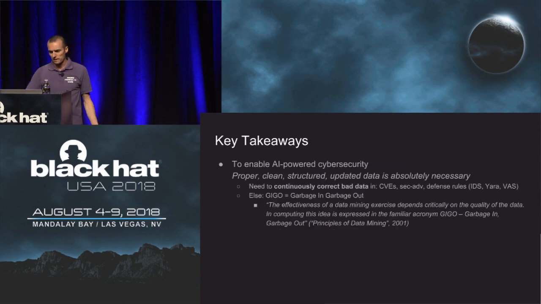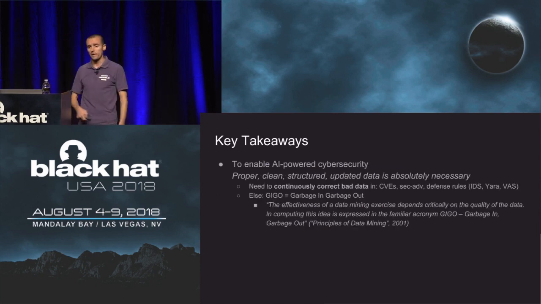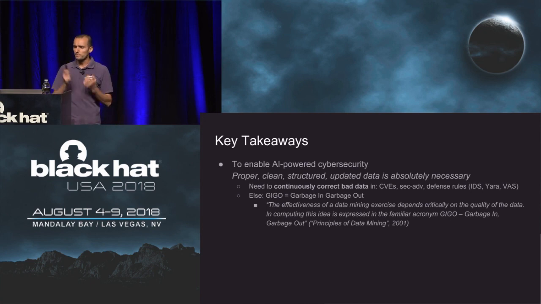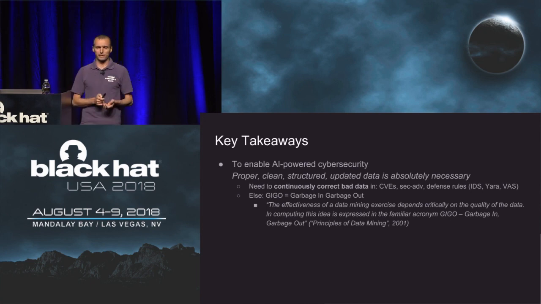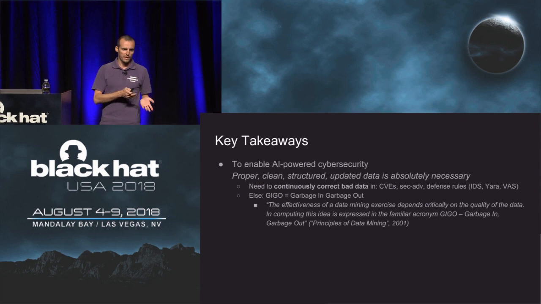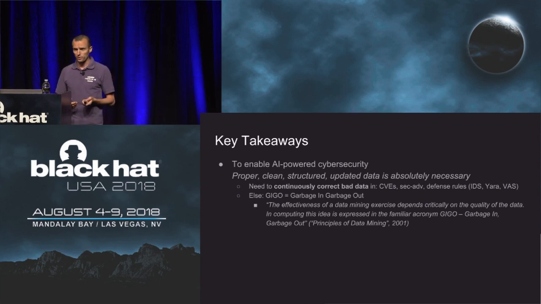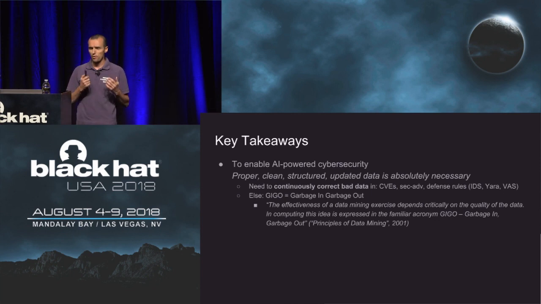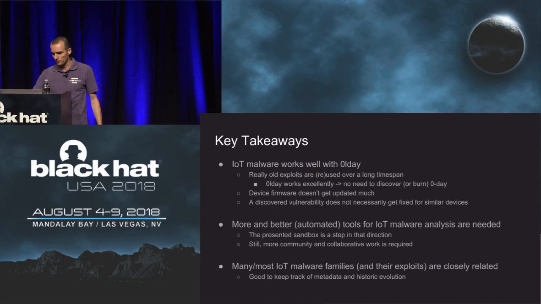This leads to the key takeaway that in order to enable AI-powered cybersecurity, which everybody wants, we absolutely need proper, clean, structured, updated data. Otherwise, we get the commonly known GIGO effect, garbage in, garbage out. You cannot have proper AI cybersecurity for IoT malware or whatever when your data is so confusing, incorrect, or missing key information.